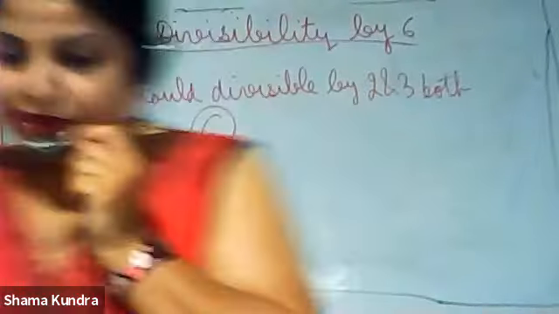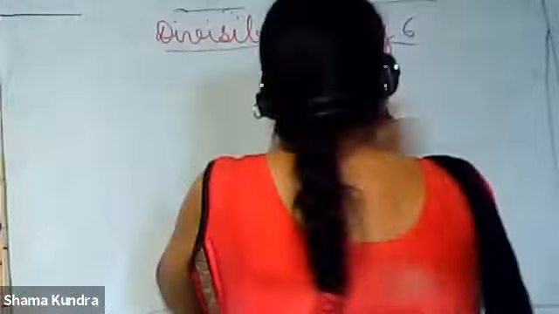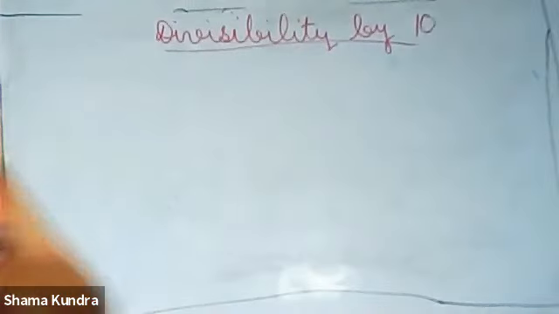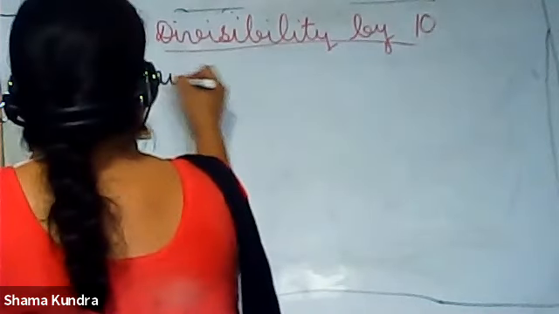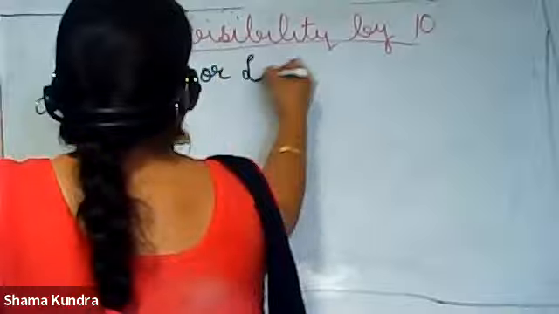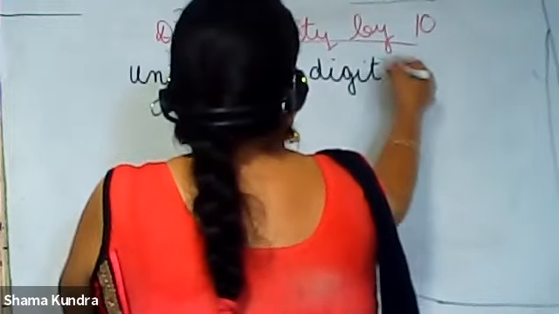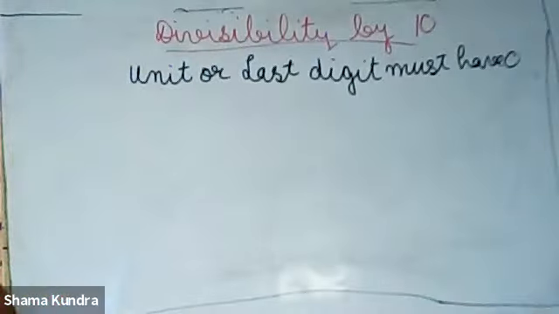Next, I have divisibility by 10. If the unit digit is 0, then the number is divisible by 10. The unit or last digit must be 0.